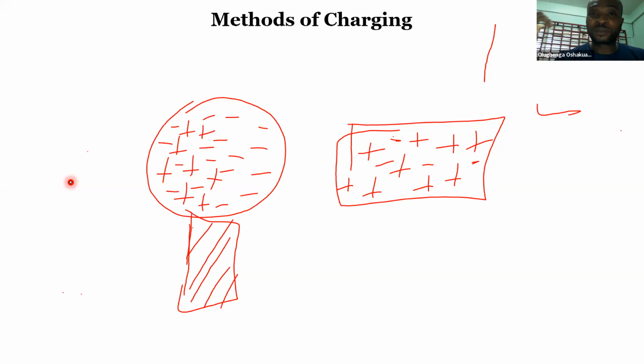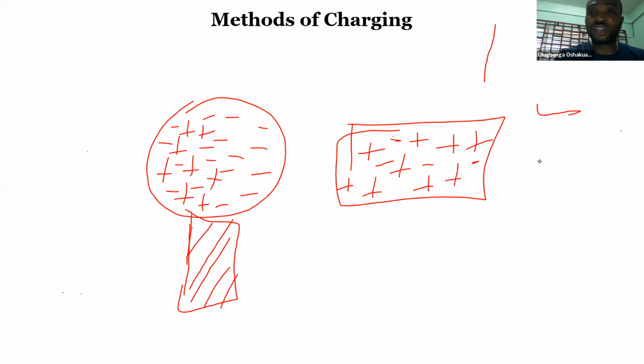So when you need electrons, it is always there to supply you electrons. And when you have excess electrons, it is always there to take the excesses that you have.